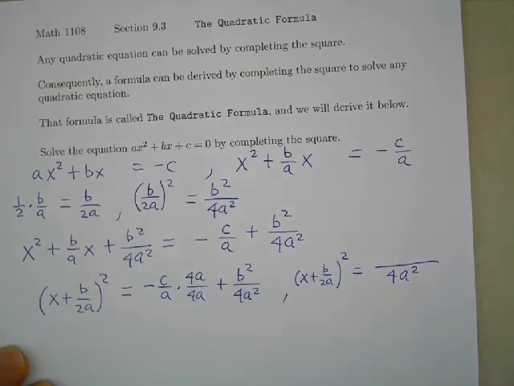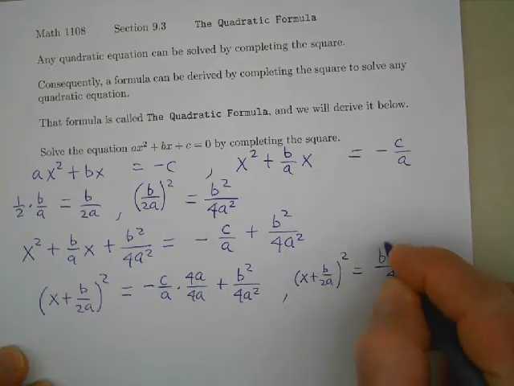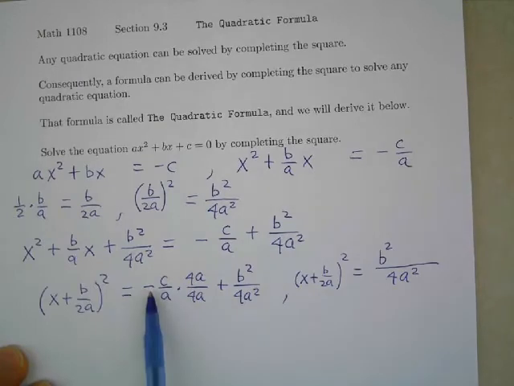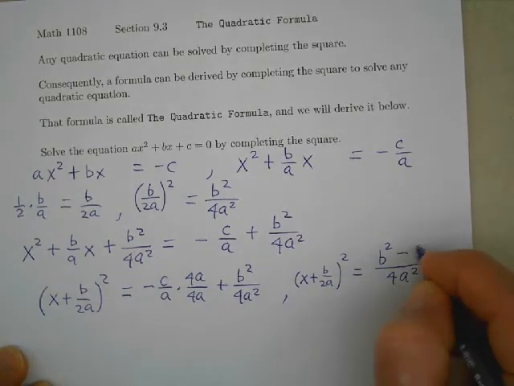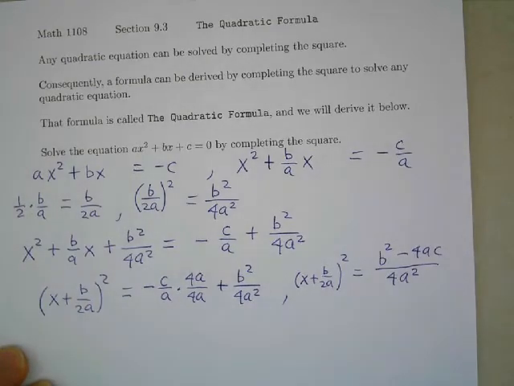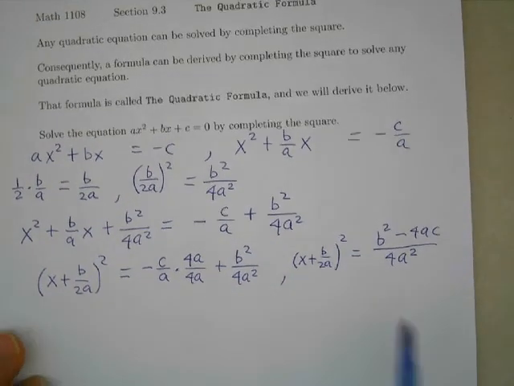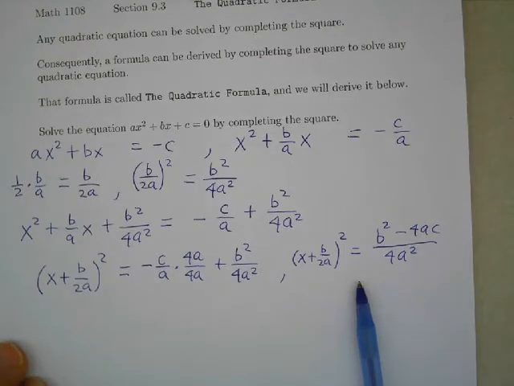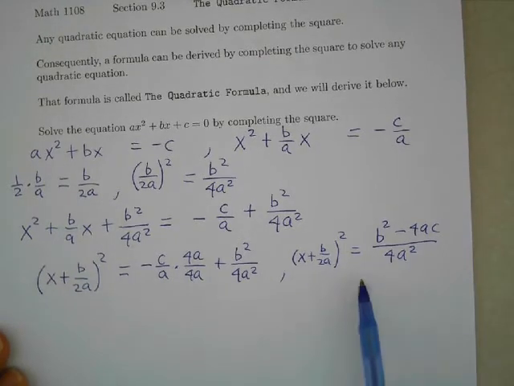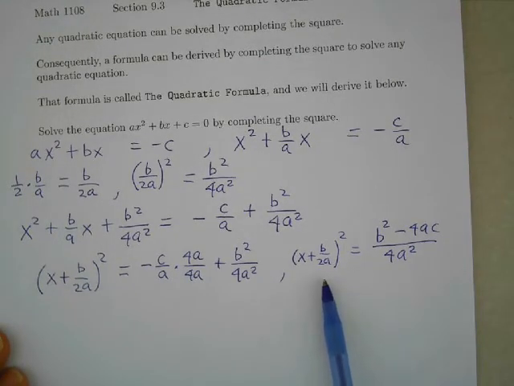I'm going to put the b squared farther to the left, and then subtract 4ac. Now we do what we did earlier in this chapter 9. Now we apply the square root property.